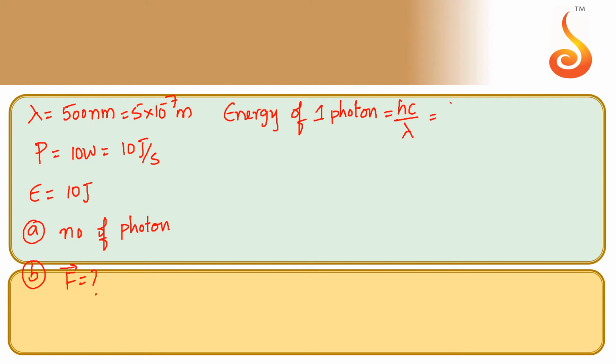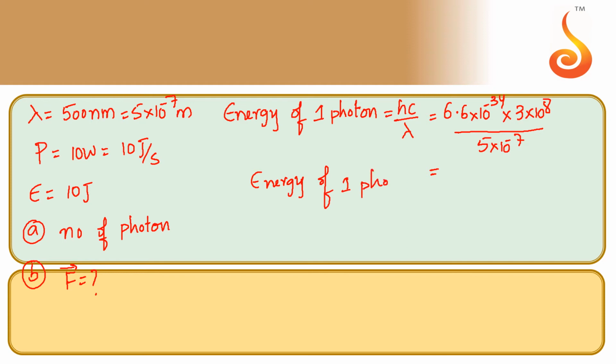That means 6.6 into 10 power minus 34 into 3 into 10 power 8 by lambda, which is 5 into 10 power minus 7. By simplifying, the energy of one photon is equal to 3.97 into 10 power minus 19 joules.